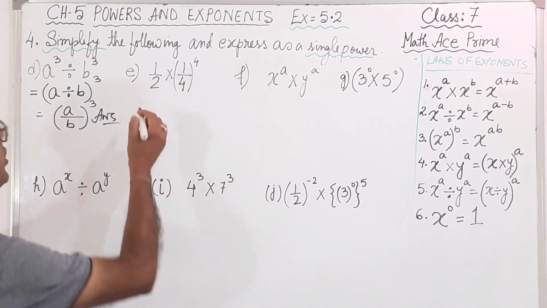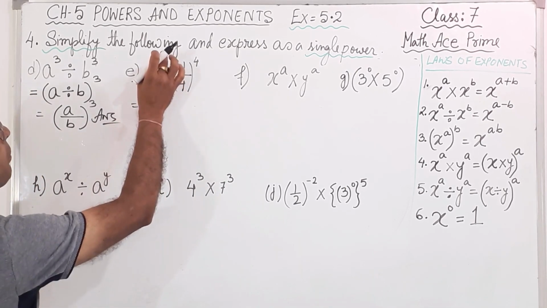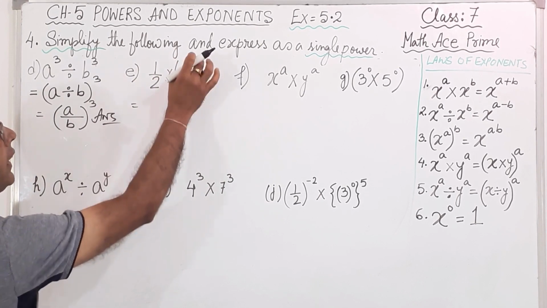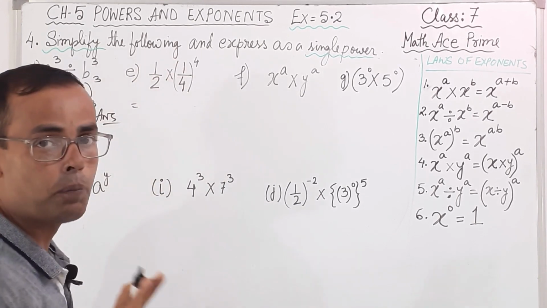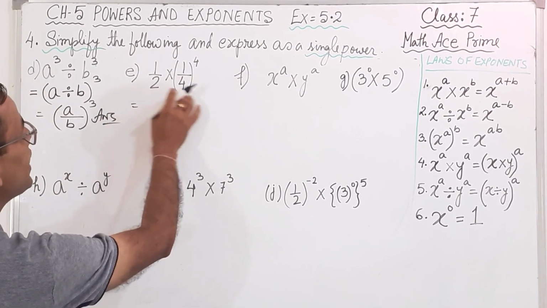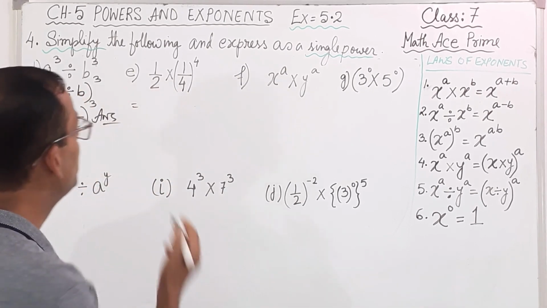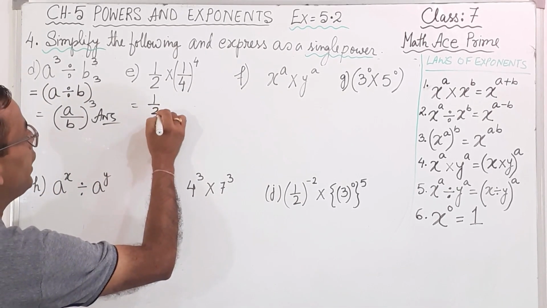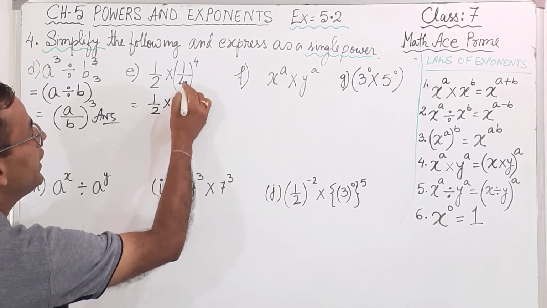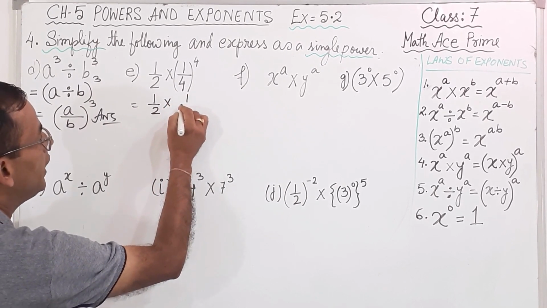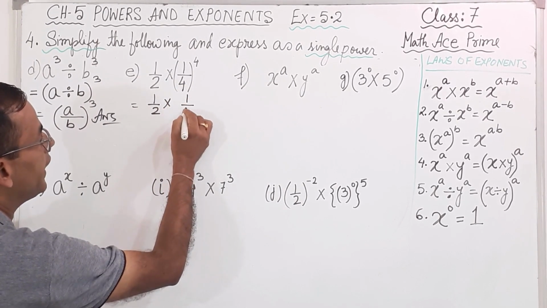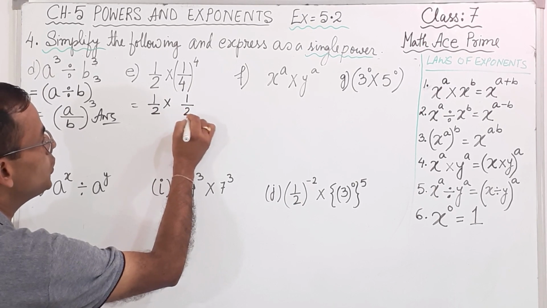Clear? Now this one, you can see here power, nothing means 1. Here power is 4. So powers are not same. Bases are also not same. Then what to do? Now see nicely, I will write 1/2 multiplied with, now you see 1/4 it is written. Can I make this one 2?